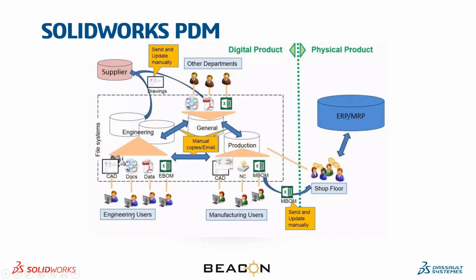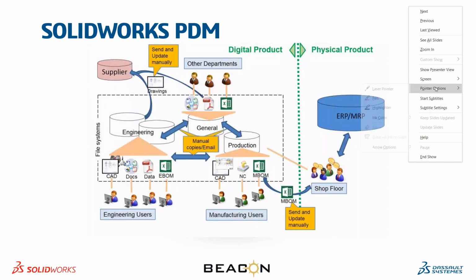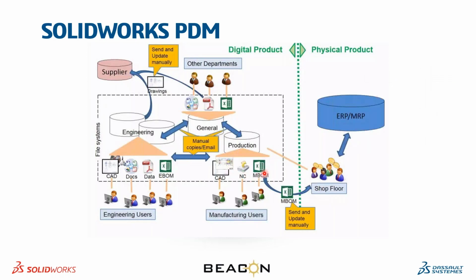The engineering designers will create CAD documents and other documents. Manufacturing users will give other information with regard to their inputs on the CAD, whether it is for their review, and they can give their information, then the NC codes which they generate for the machines, and also any BOM which they have. There are also other departments, such as the marketing team who gives an RFQ, and it could be any other department which has input to the design team. It could even be your customers or vendors who give their inputs on the design requirements.